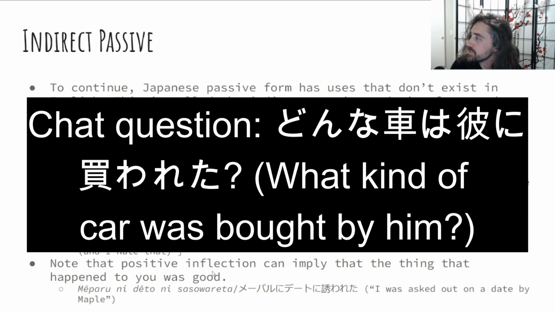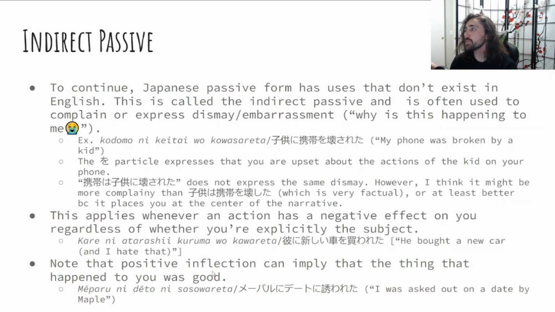So, donna kuruma wa kare ni kawareta? In this case, you probably wouldn't want to use it, I mean, you could, right? But the point of it isn't to express your dismay over it. The point is more to learn more about what kind of car they got.